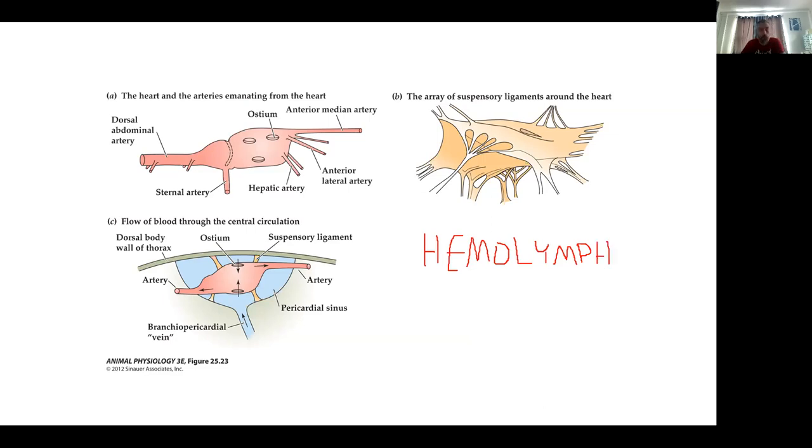So in arthropods, again, a term if you're not familiar with it: crustaceans, insects, spiders, all those guys, things with an exoskeleton. They have hemolymph.